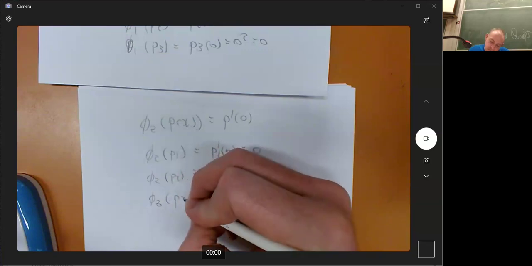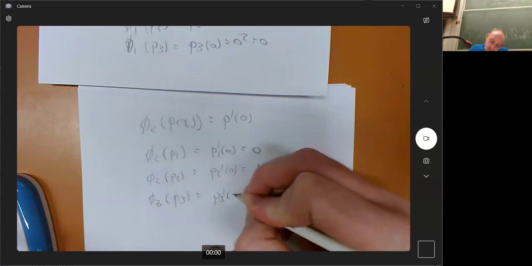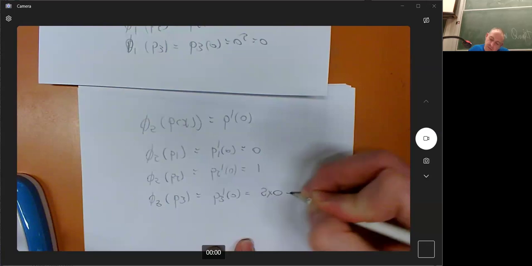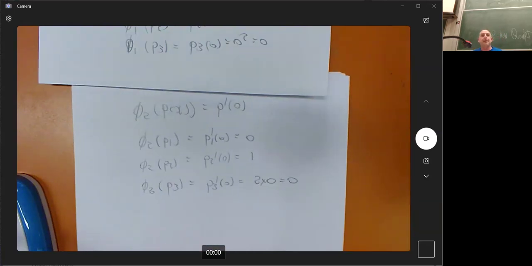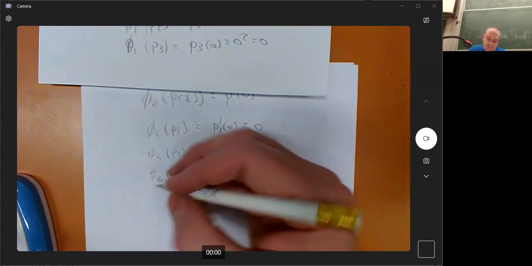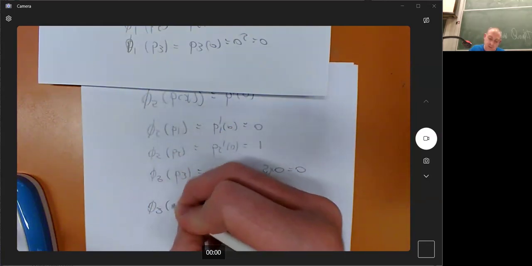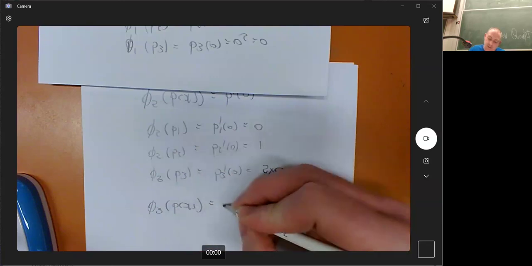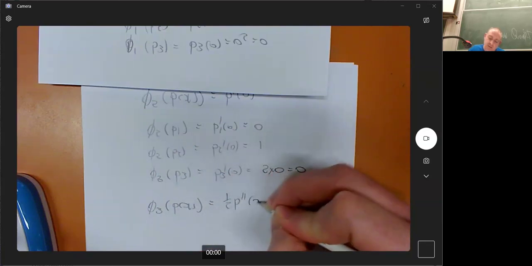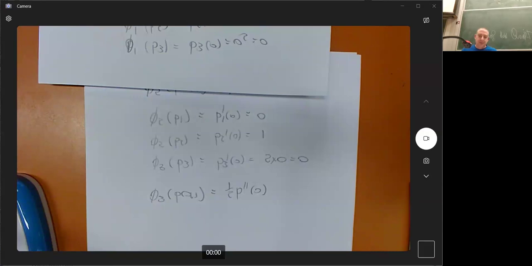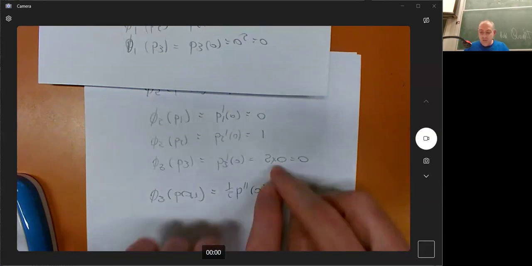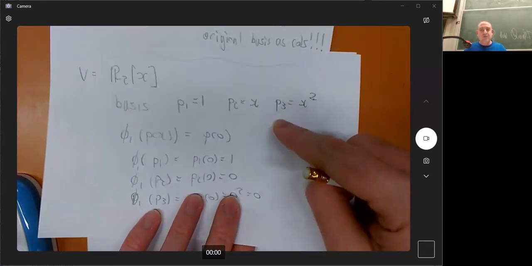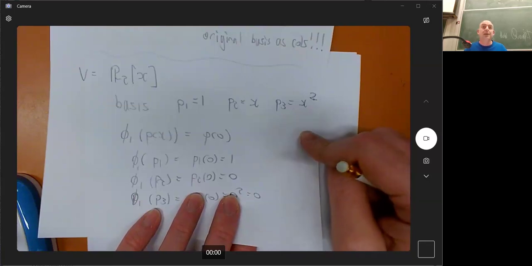Phi 2 of p3 would be p3 dashed of 0, which would be 2 times 0, which is still 0, so we're okay. But the last one is not going to be just p double dashed. It's going to have to be half of p double dashed. Phi 3 of p of x is going to be half of p double dashed of 0, and the reason is that p3 double dashed is 2, not 1.